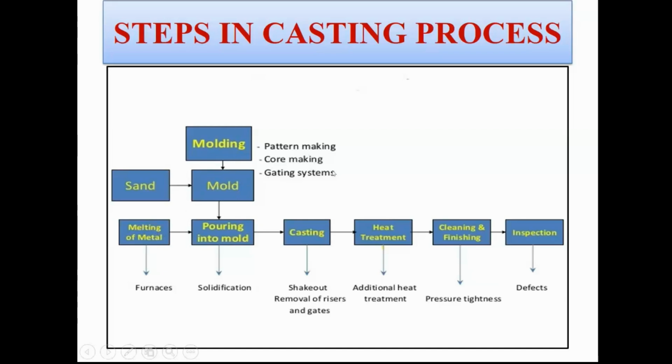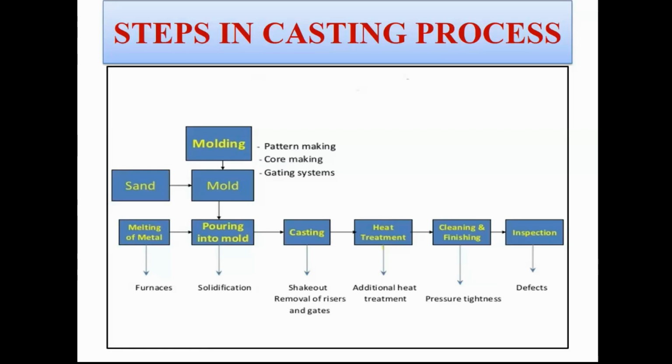and the gating systems. So gating system is basically a network, or you can say the system of different entry positions into the mold cavity, through which your metal is poured satisfactorily into the die cavity.